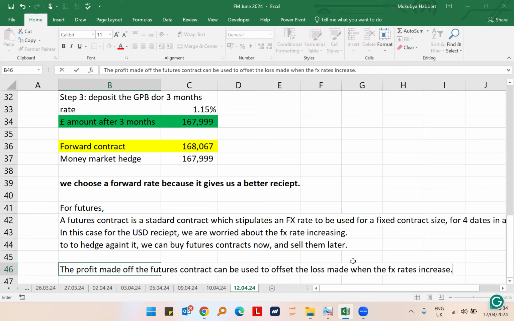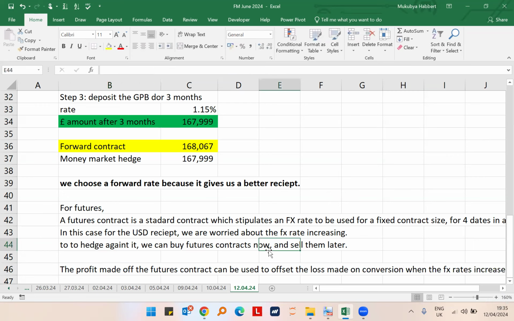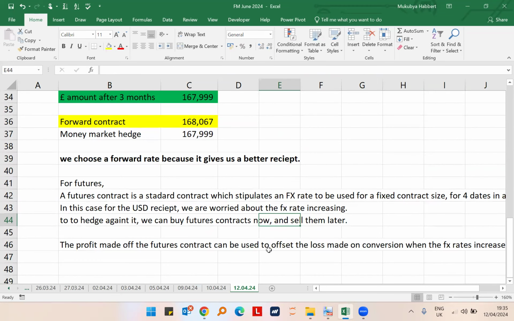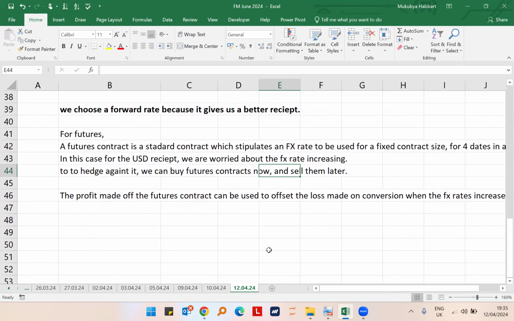So this is a loss made on conversion when the FX rates increase. Ideally, you are trying to create a balancing figure or a hedging instrument whereby if the FX rates increase, you make a loss on your transaction, but you make a gain on the FX future that you bought and then sell later on. So that's what you can put.